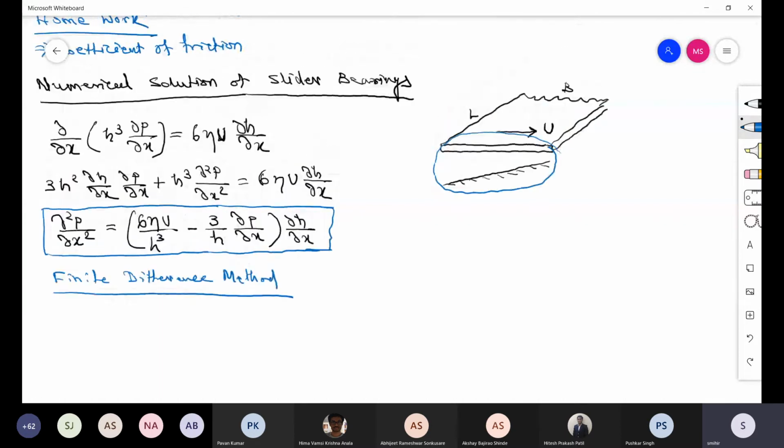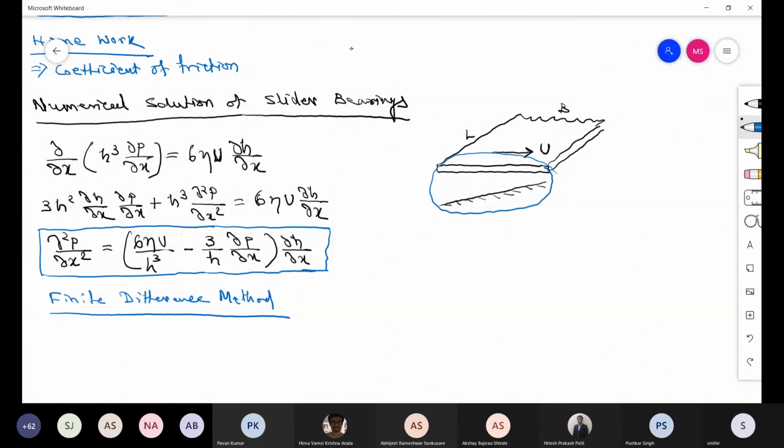So taking certain points. So this is the distance from 0 to B. Okay. So x goes like this. This is x. X goes from 0 to B, total width.